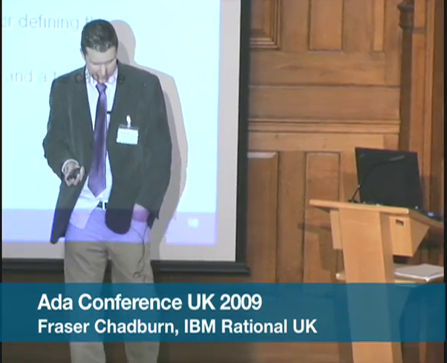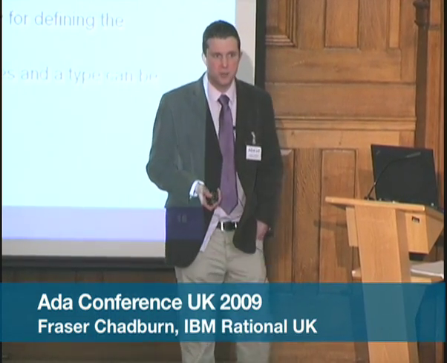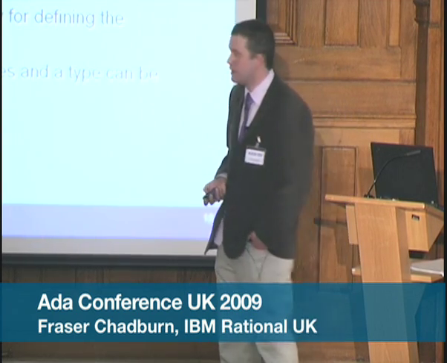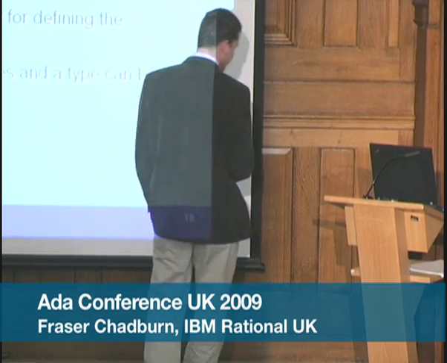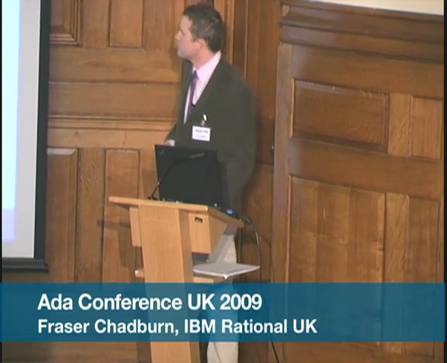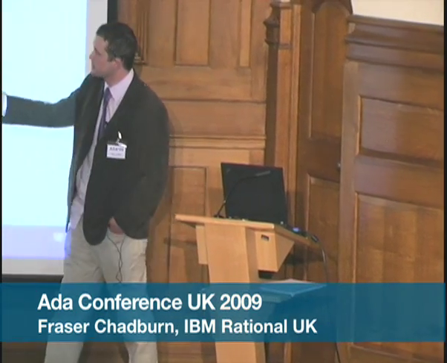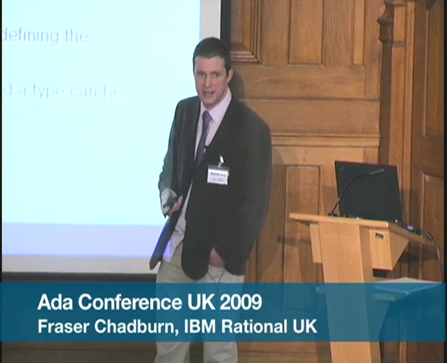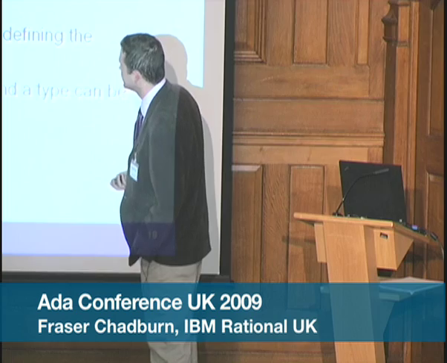A strategy for solving this problem is the adoption of Ada 2005 interfaces. Ada 2005 introduces the concept of an interface, which is a collection of operations, effectively. We interpret that as a collection of operations that act on a particular, implicitly tagged type.